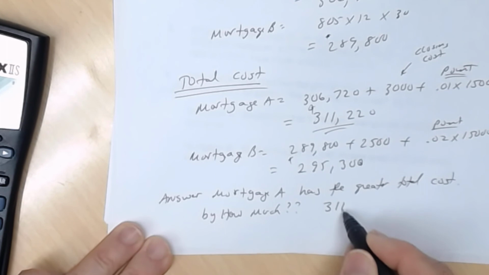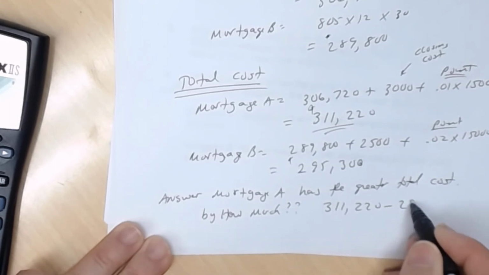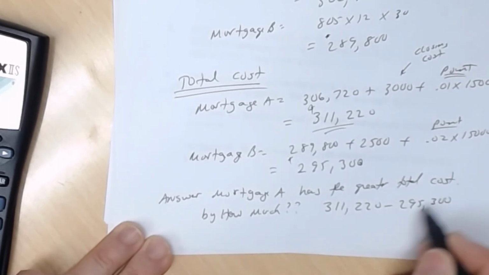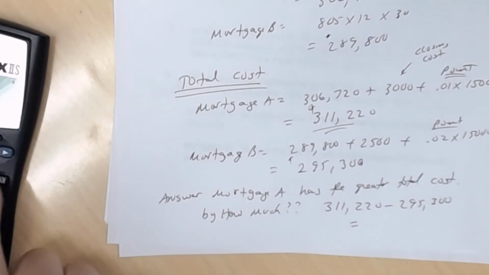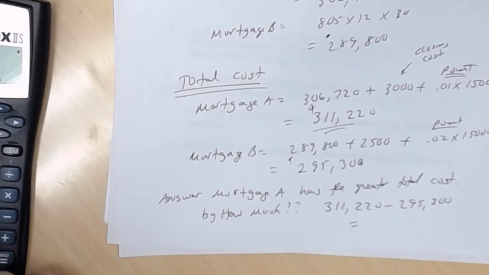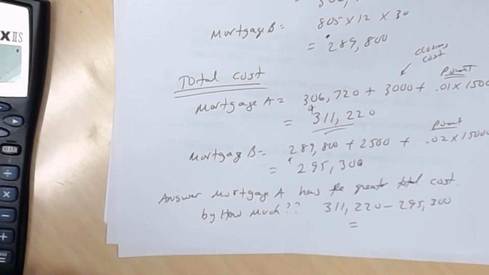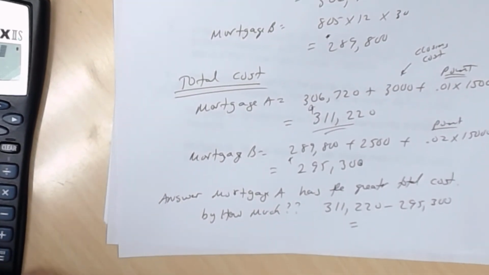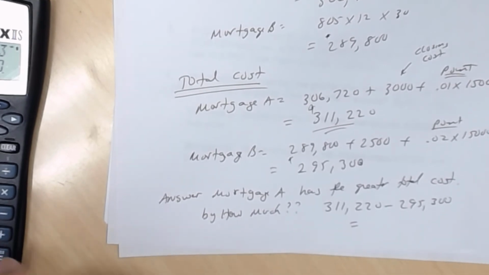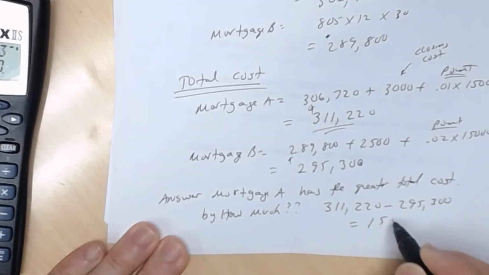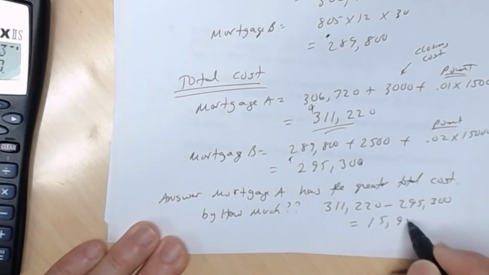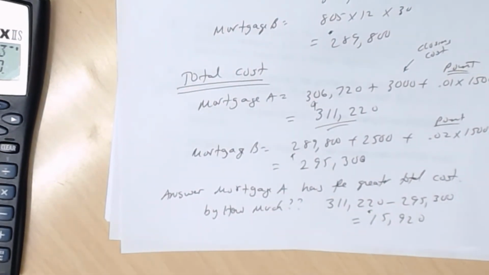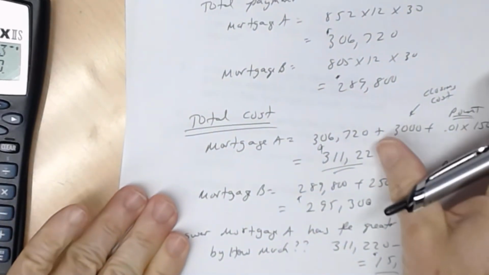So 311,220 minus 295,300 equals, so let's see what we get. $15,920. Okay, so that's how much larger it is.